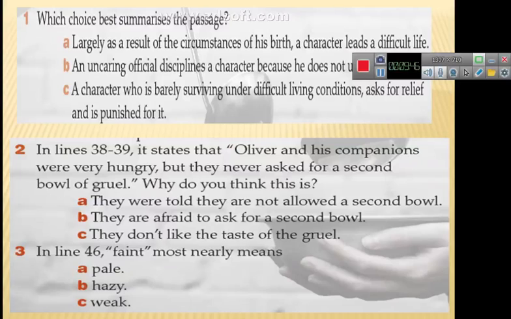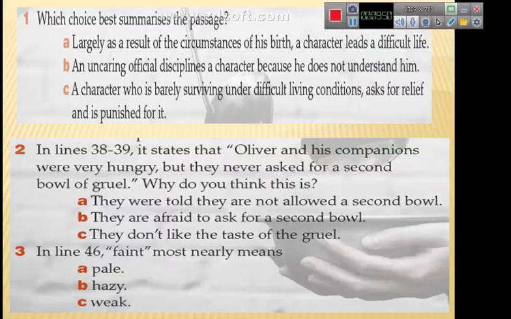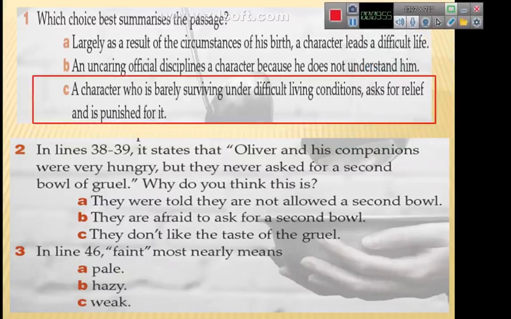Which choice best summarizes the passage? A character who is barely surviving under difficult living conditions asks for relief and is punished for it. As we remember, the biggest problem for Oliver Twist was when he asked for more food.